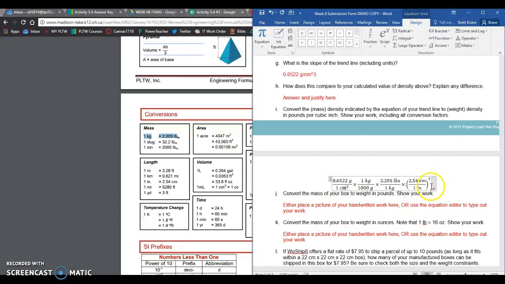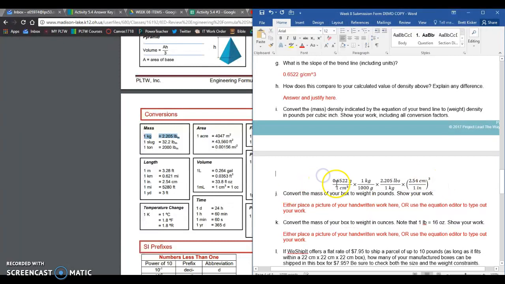So when I get done, what it's going to look like is this: 0.6522 divided by 1,000 times 2.205 times 2.54 times 2.54 times 2.54. And when I get done with that, I'm going to have a unit that is in pounds, the only one that doesn't cancel, and per cubic inch on the bottom. So that's how we're doing that. That's the math behind it.